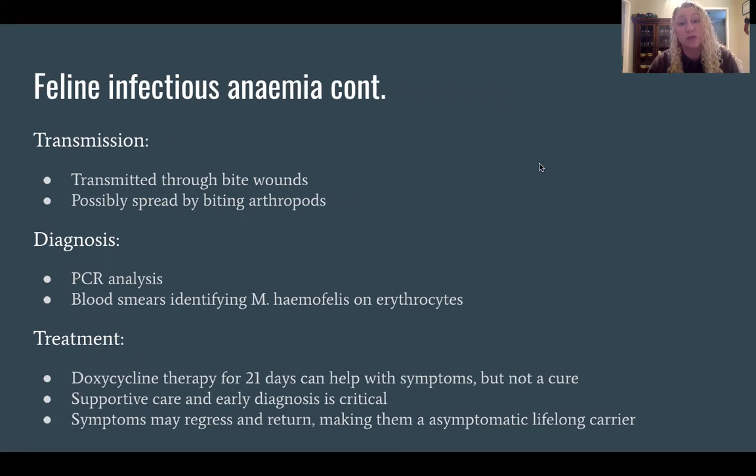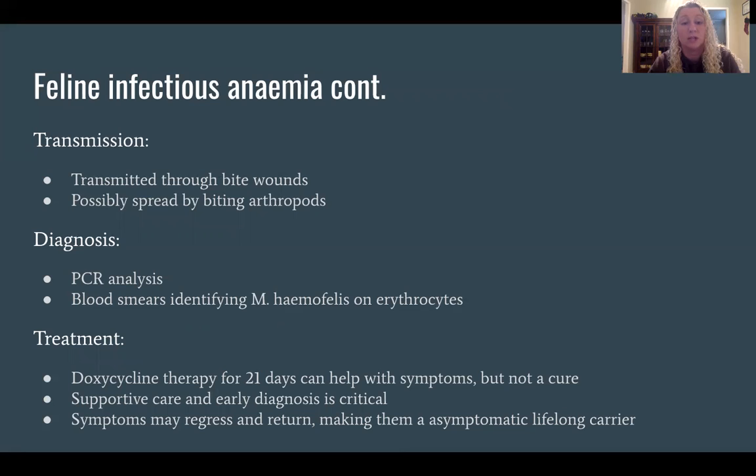It is transmitted through bite wounds, so that's why a lot of your tomcats can have this. It is possible to be spread by arthropods as well. Typically, diagnosis is going to be your PCR analysis, but you can do blood smears to identify the Mycoplasma haemofelis on erythrocytes.